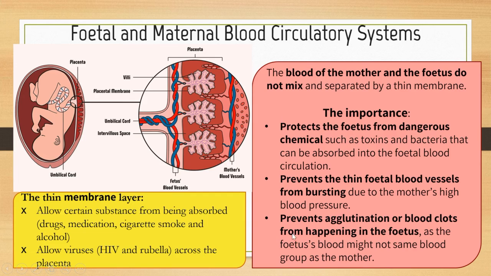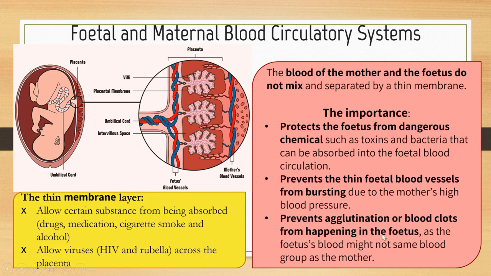Okay, and last one, the importance is to prevent agglutination or blood clots from happening in the fetus. So what is agglutination? It refers to blood clots, the mixing of different blood groups that cause the blood to become clots.